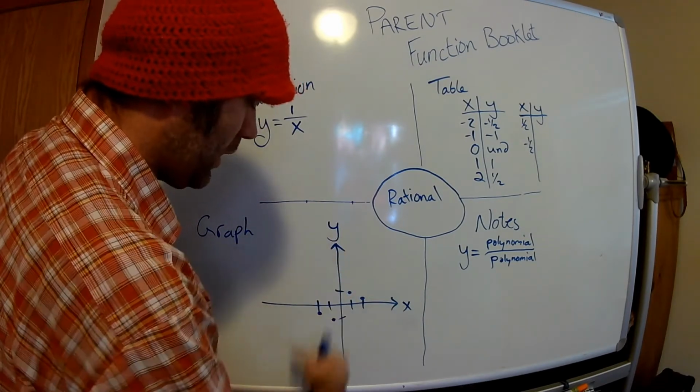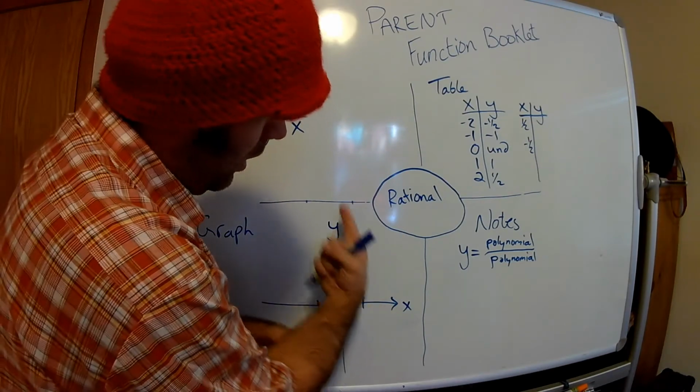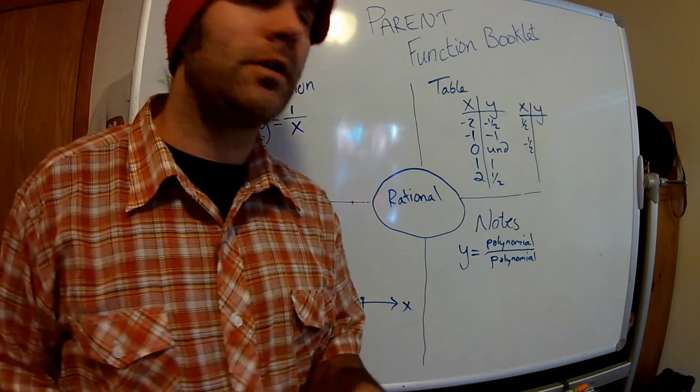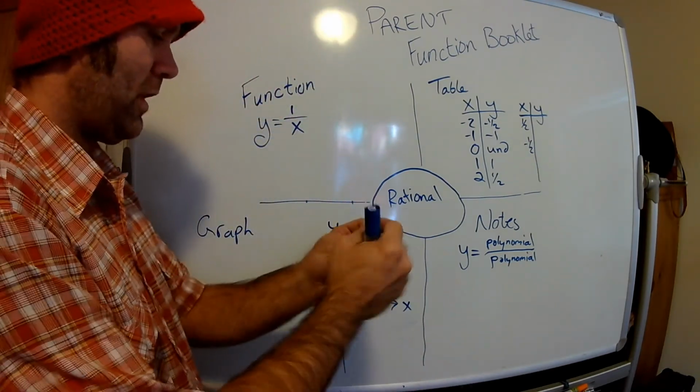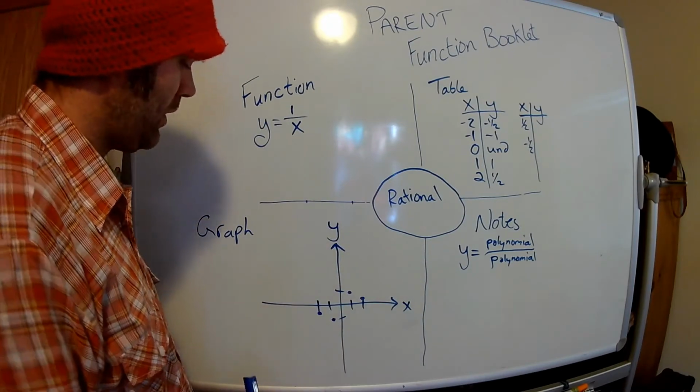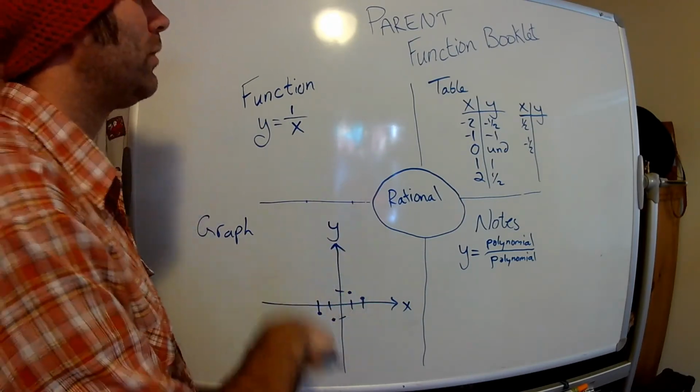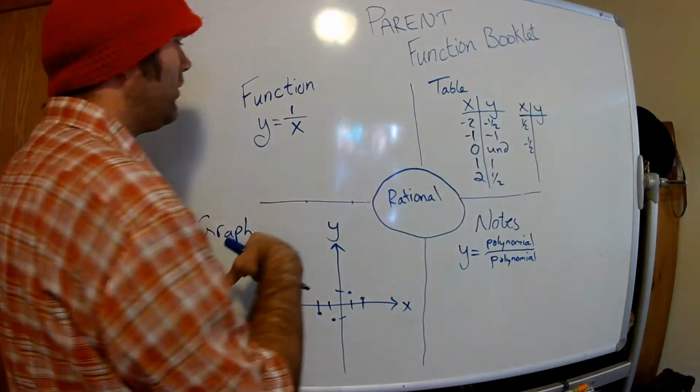This one looks like it's going up, this one looks like it's going down. They're going away from each other, so they're diverging, not converging. Converging, they'd be getting closer to each other. Looks like they might be getting further away. So let's go ahead and plug 1 half in and see if this is true.